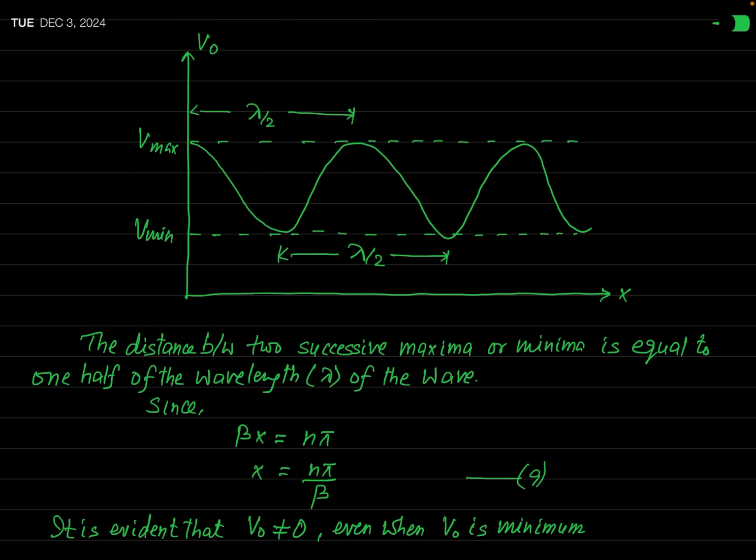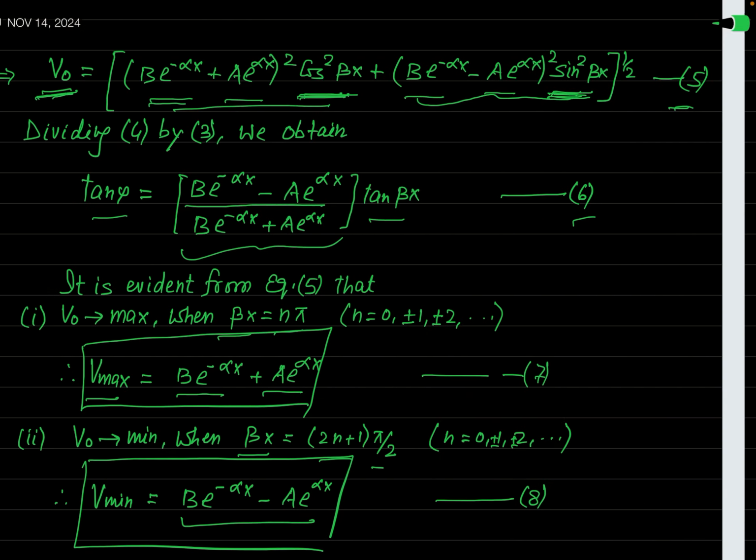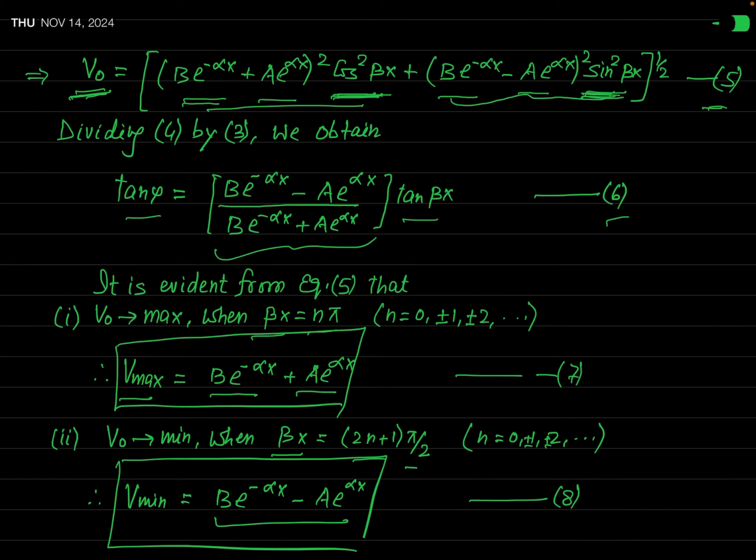In fact, I have shown the variation of this V naught against x in this figure. You can see the minimum value of V naught is not 0. Its minimum value is non-zero when the amplitudes of the incident wave and the reflected wave, or the superposing waves, are not equal.